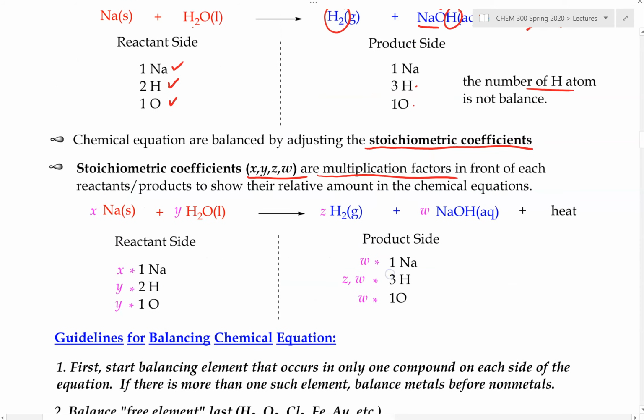When we add x, y, and z in front of each of these substances, it does not change the identity of the substances, but all it tells us is that we have more of one or less of the other.